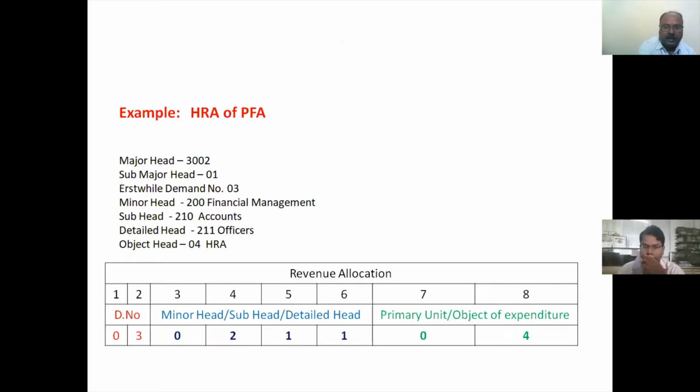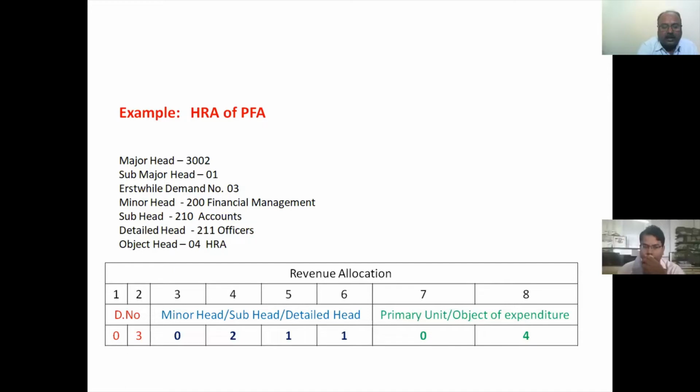Please check: the revenue allocation consists of 8 digits. Please remember, revenue allocation has a total of 8 digits, capital also 8 digits. The first 2 digits are the erstwhile demand number. Now the demand number for HRA of the PFA is 03.